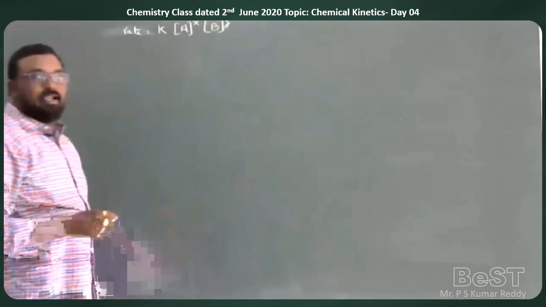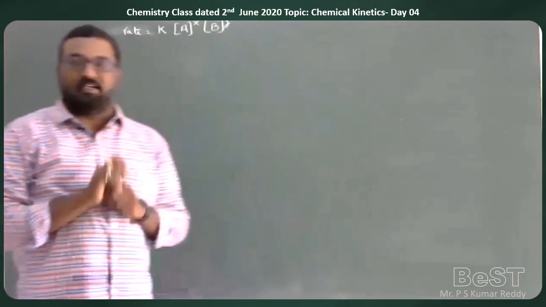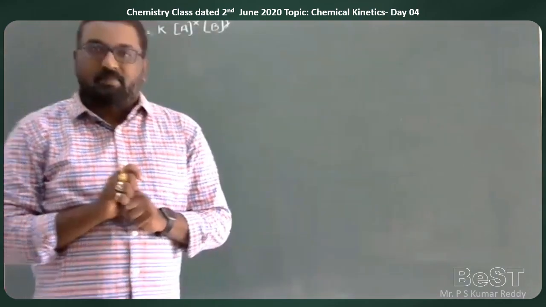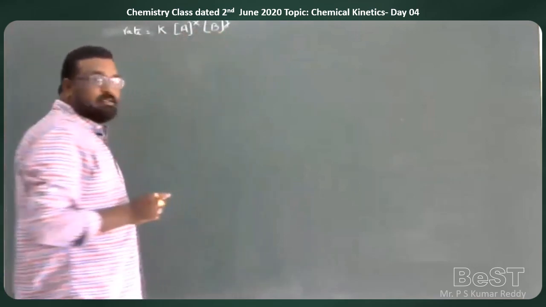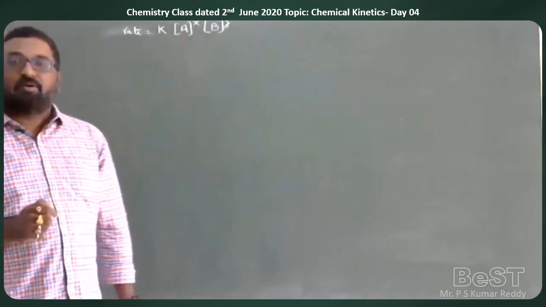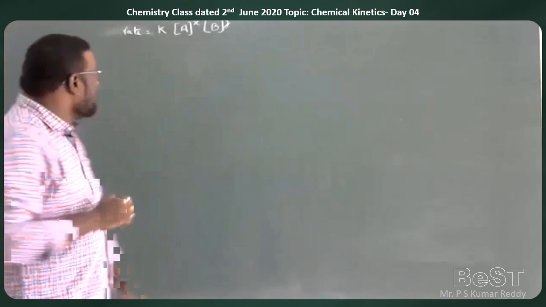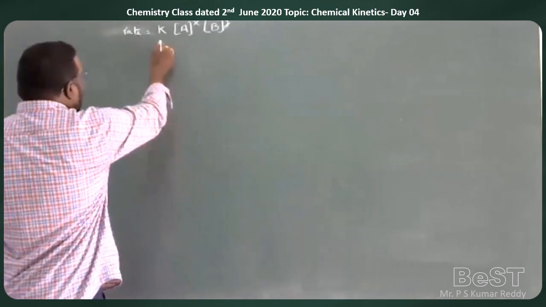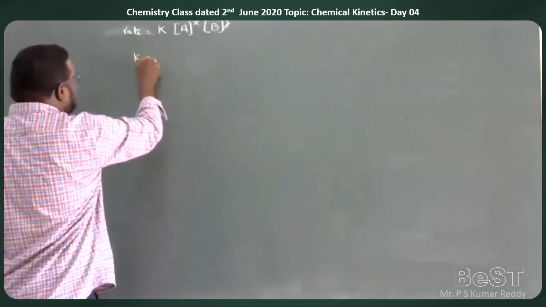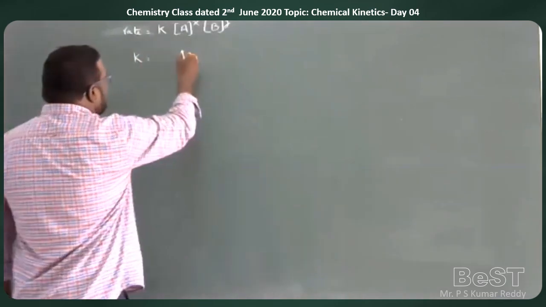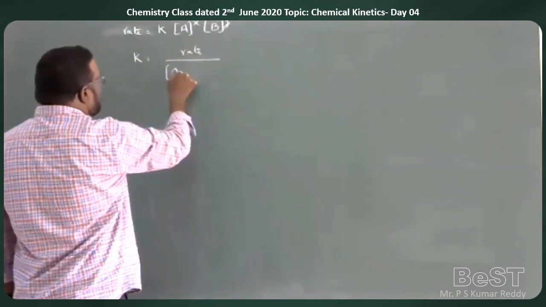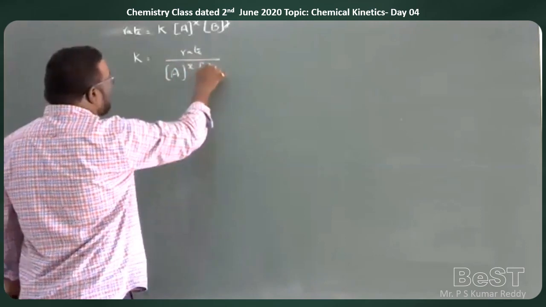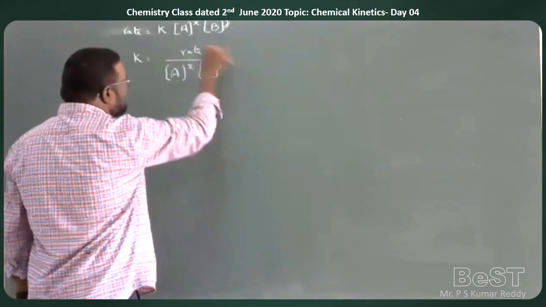This is the rate equation, which is determined experimentally. In this experimentally determined rate equation, x and y are the terms which tell us about the order of the reaction. So now, when I take the rate constant k as the subject, I get rate divided by concentration of A to the power of x into concentration of B to the power of y.